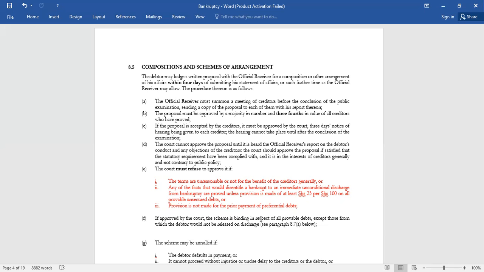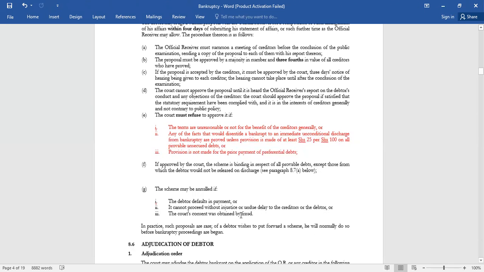So the scheme may be annulled on the following grounds. The debtor defaults in payment. So you had provided a scheme of arrangement on how you'll pay, but you don't honor. It will be revoked. 2, it cannot proceed without injustice or undue delay to the creditors.